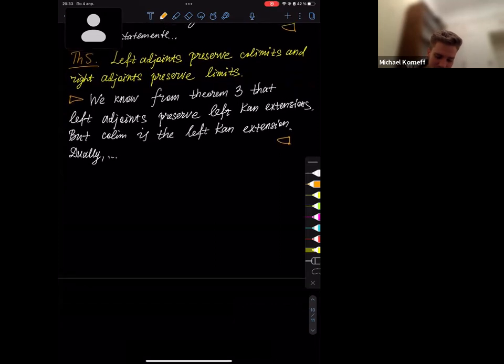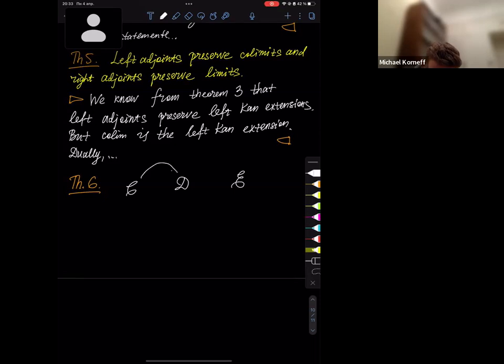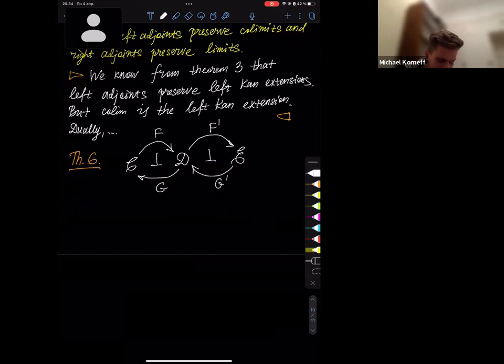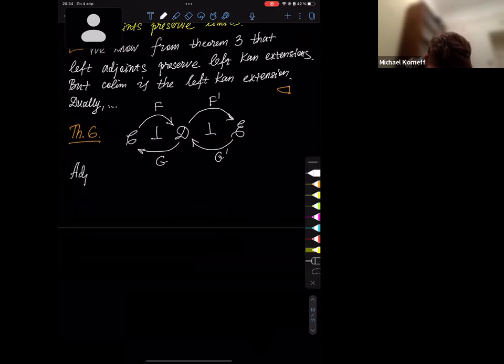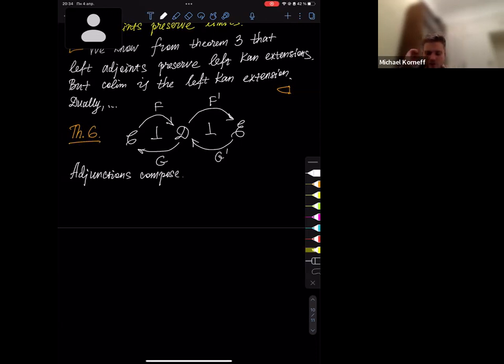Okay, and another theorem says that if we have the following situation, when we have three categories C, D, and E, and functors between them, adjoint functors F and G, F prime and G prime, then we can say that adjunctions compose.